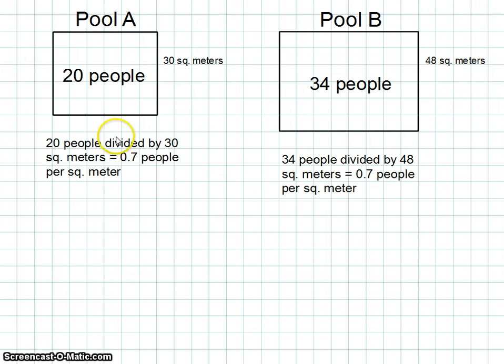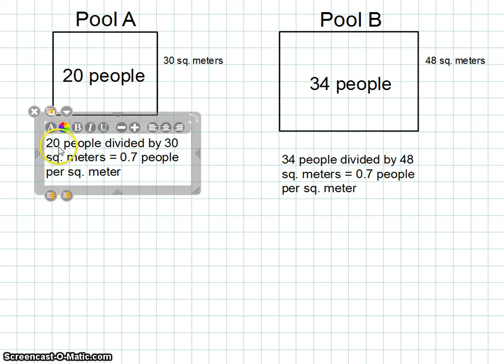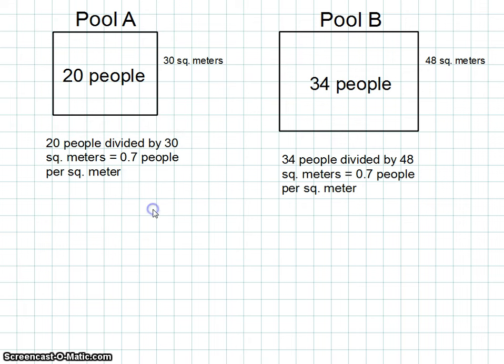Okay, so the number sentence we used to figure that out for pool A was 20 people divided by 30 square meters. Okay, and that gave us an answer of 0.7 people per square meter. When we divided the total number of people, which was 20, into each of the 30 square meters, we found out that 0.7 people were going to be in each square meter space.